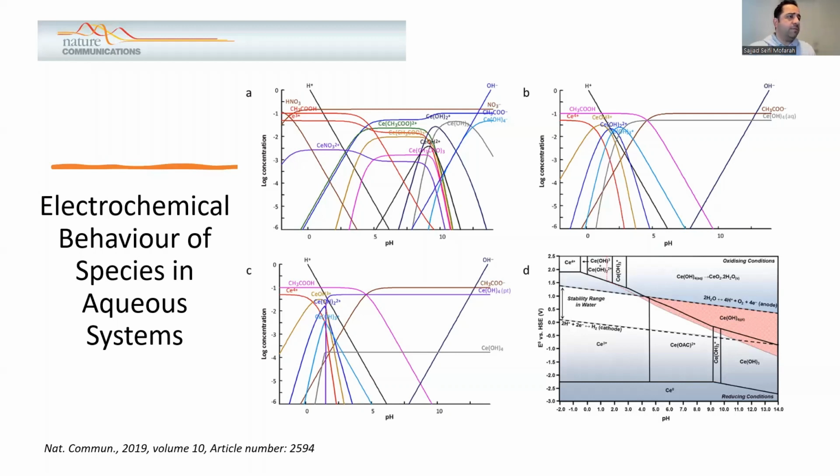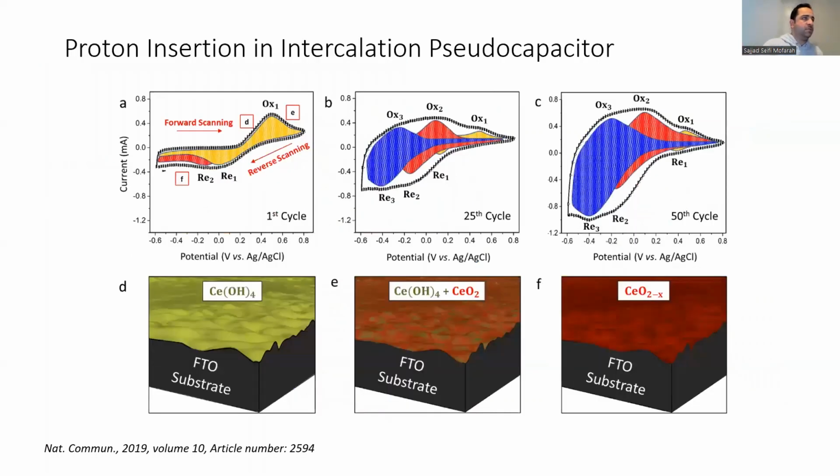And in figure D, you can see a modified Pourbaix diagram of cerium oxide, in which the regions where different species of cerium are stable are shown. So this slide highlights the importance of fundamental electrochemistry and fundamental aqueous chemistry in understanding how to design materials to get different behavior that hasn't been seen and reported before.